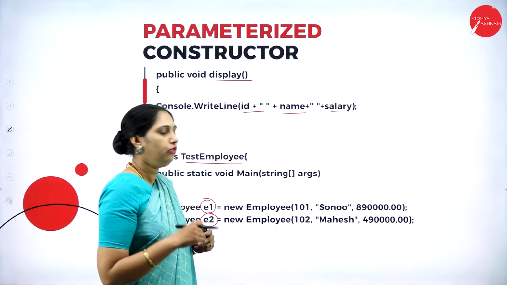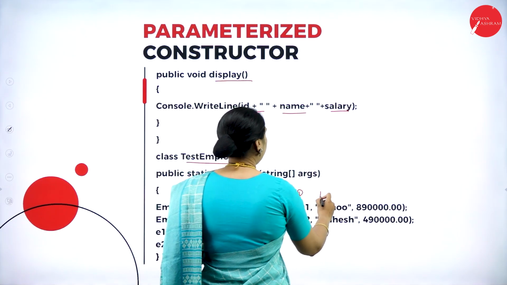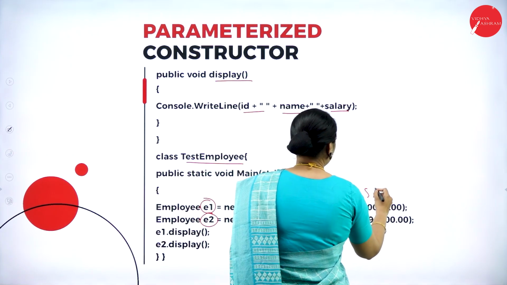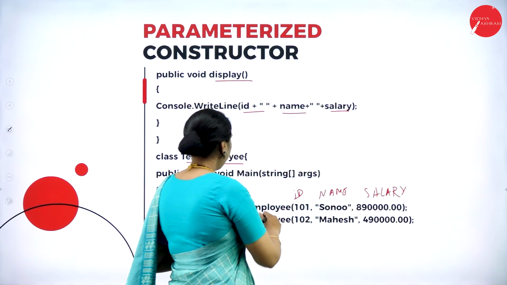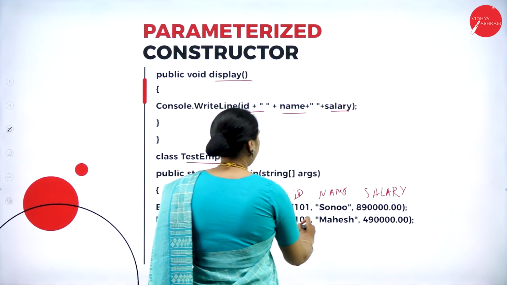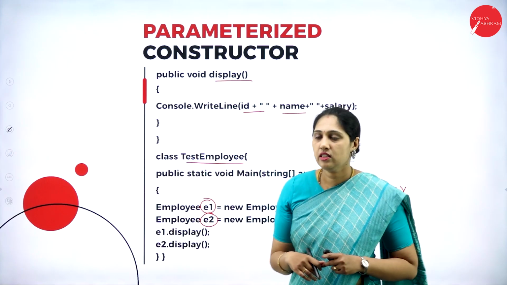Same syntax. New Employee of, here the ID is 101, the name is Sonu and this is the salary. Similarly, we have also created an object E2 and passed different parameters. So this is nothing but a parameterized constructor.